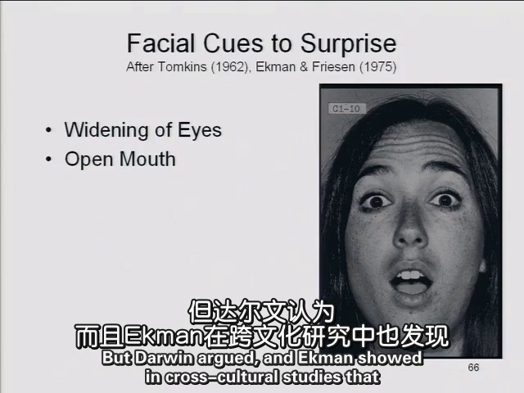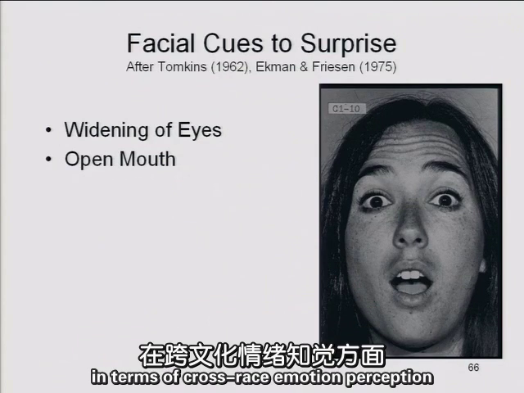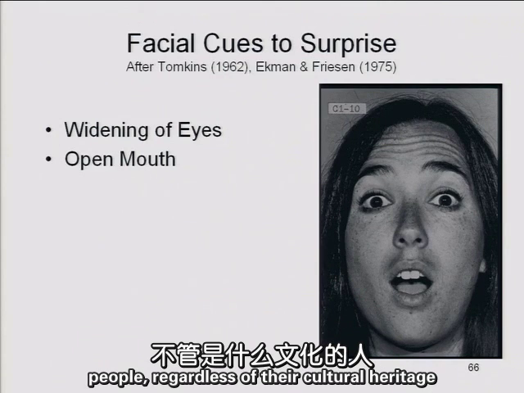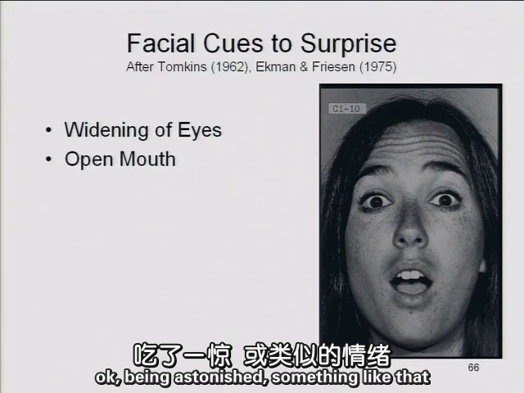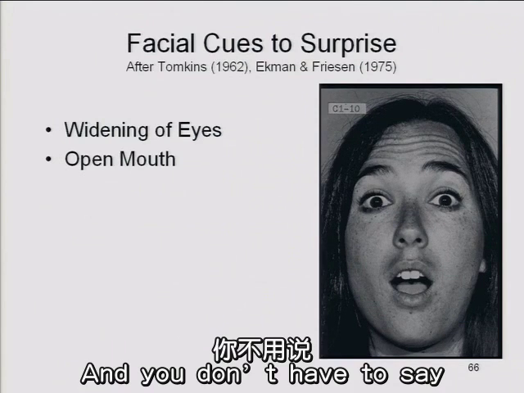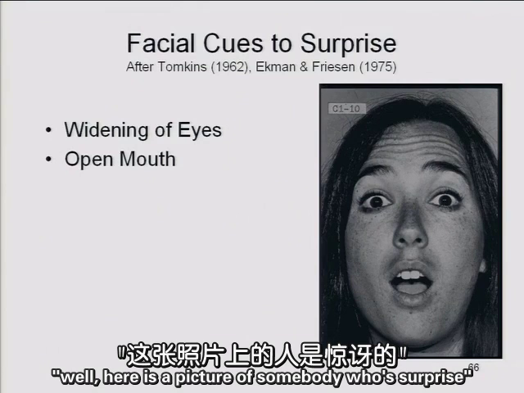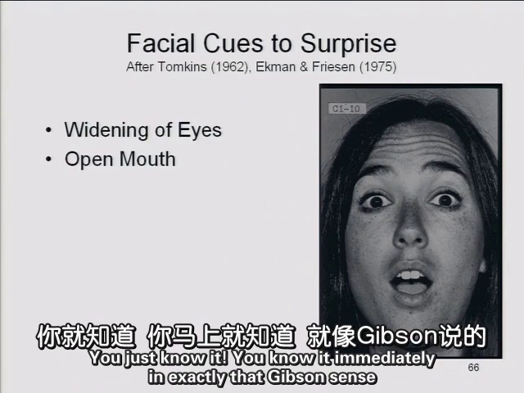But Darwin argued, and Ekman showed in cross-cultural studies, that in terms of cross-race emotion perception, people will, regardless of their cultural heritage, tend to perceive this person as being surprised, okay, being astonished, something like that. And you don't have to say, well, here's a picture of somebody who's surprised. You just know it. You know it immediately in exactly that Gibson sense.